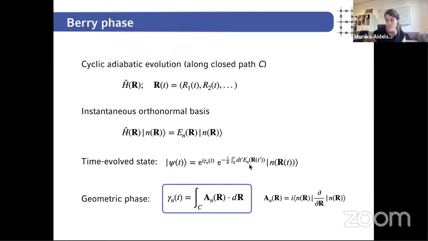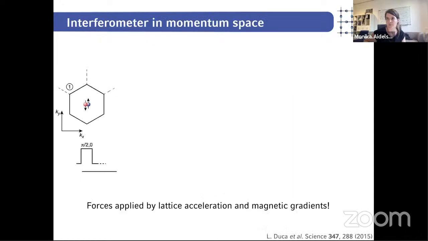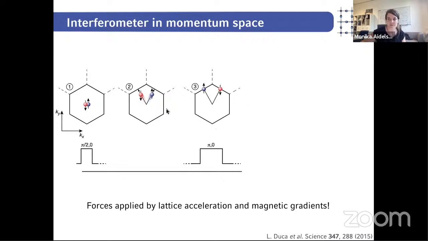And so if we go back to this interferometry sequence that I've shown you, it has actually been chosen in a very clever way, because we start at q equal to 0, and then it's open symmetrically. And if the dispersion relation is perfect, as we would expect for a hexagonal lattice, the energy that is explored along these two paths is exactly the same, such that in the end, if we read out the relative phase, this contribution of the dynamical phase cancels.